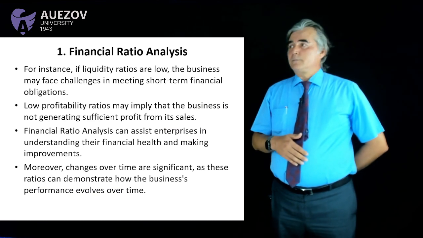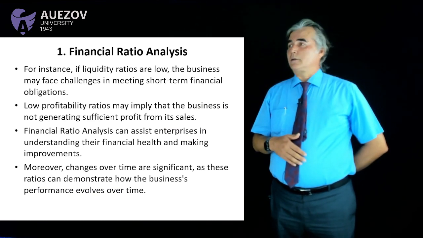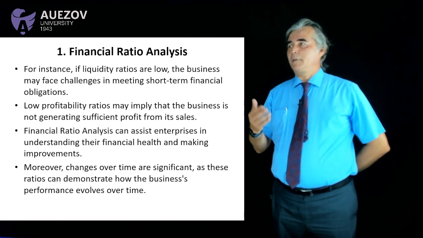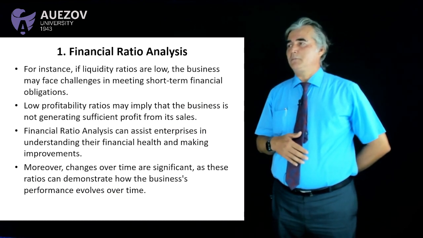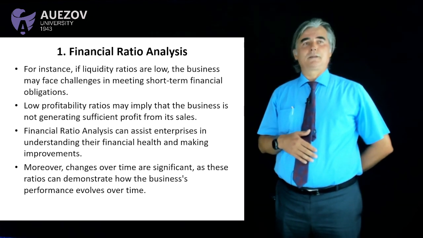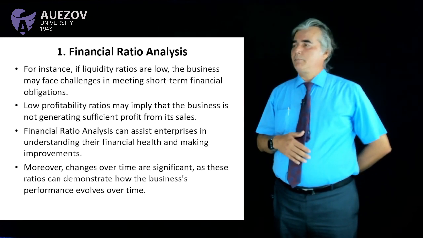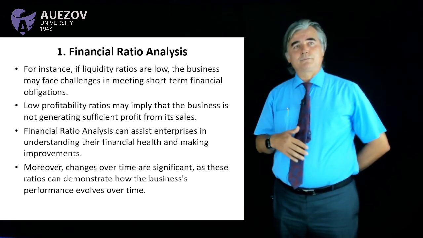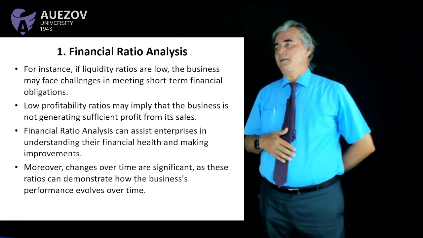For instance, if liquidity ratios are low, the business or farm may face challenges in meeting short-term financial obligations. A low profitability ratio may imply that the farm is not generating sufficient profit from its sales.